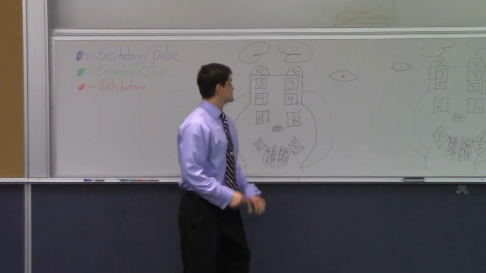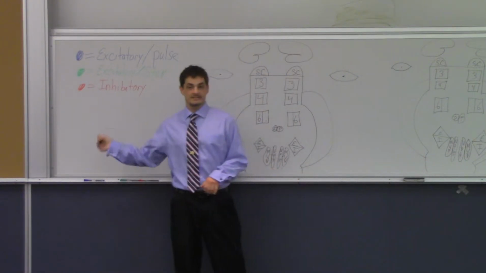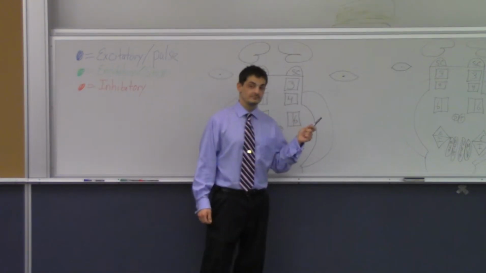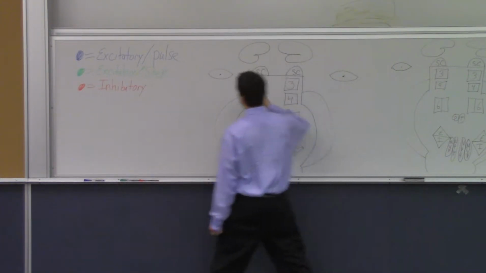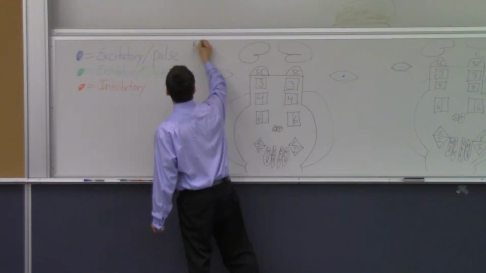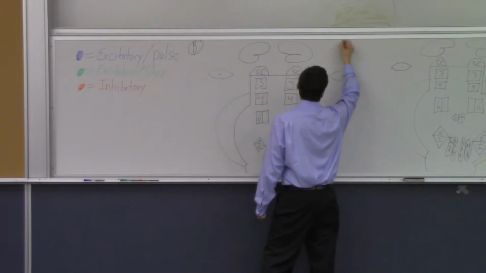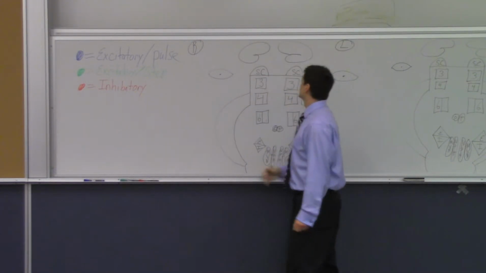All right, so let's say I want to make a right saccade. What side frontal lobes do we have? Left, right? All right, so say right, left. All right, so I'm going to make a rightward saccade.